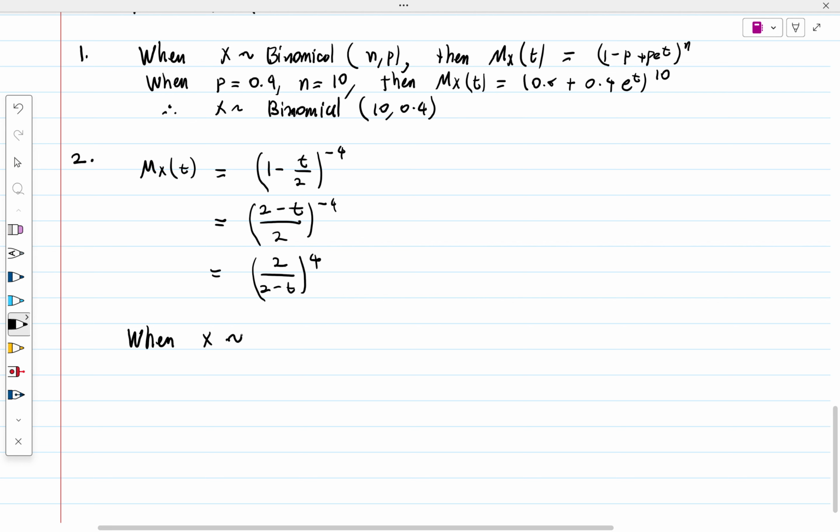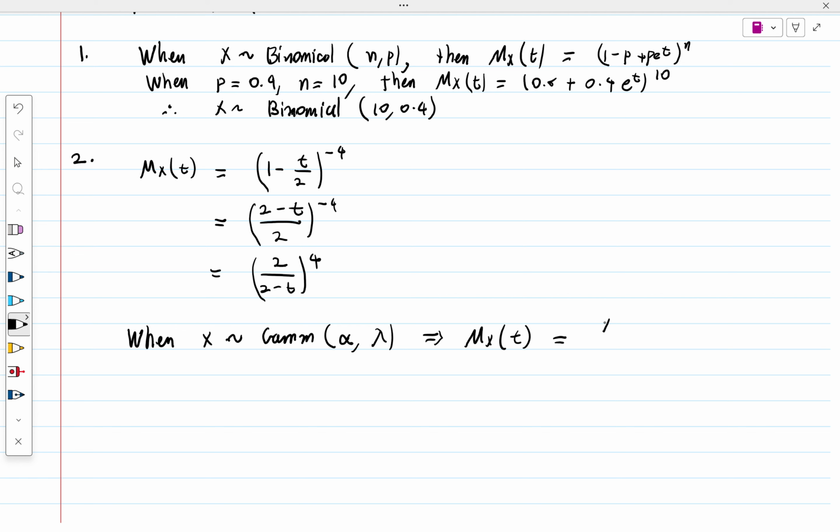When X is distributed as a gamma(alpha, lambda), this implies that the moment generating function of X, as we defined it before, was (lambda/(lambda - t))^alpha, specifically for t less than lambda. That was the defined range for which this function actually exists.